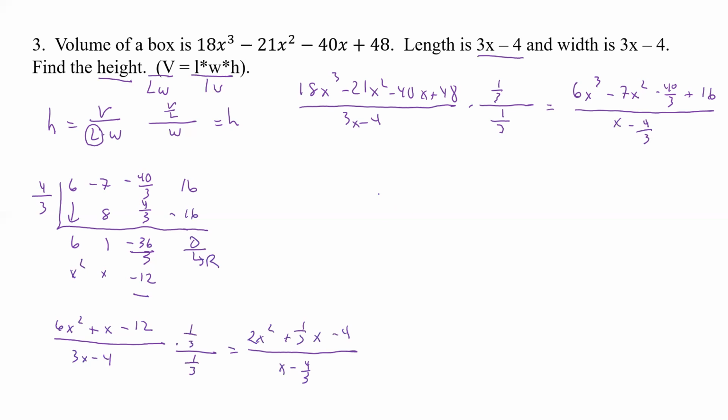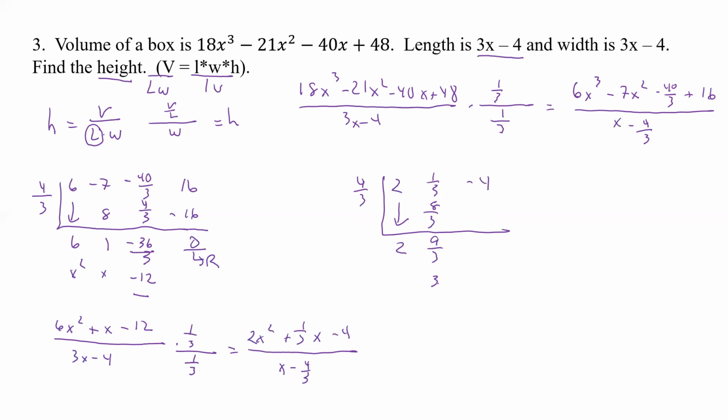All right, so now we have another synthetic division. And again, we have a 4/3. Now we have a 2, we have a 1/3, and a minus 4. All right, so that's going to give us a positive 8/3 plus 1/3, that's 9/3. Well, 9 divided by 3 is 3, so we will probably use that instead.